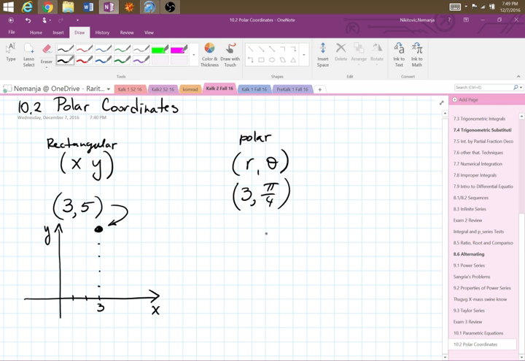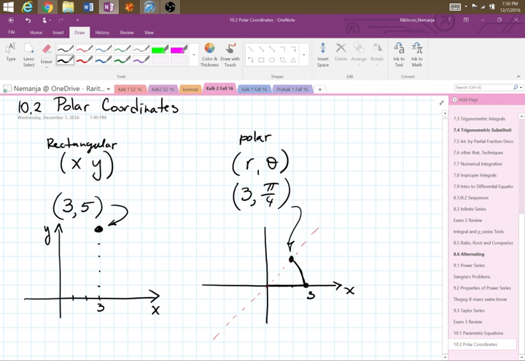Now the way that would graph is we graph 3 on the x-axis, and then we swing that to pi over 4. Pi over 4 is the 45-degree line, so this would go this way, and here's that point, 3, pi over 4.